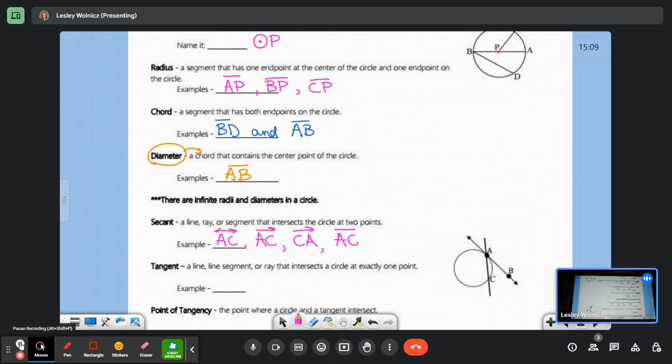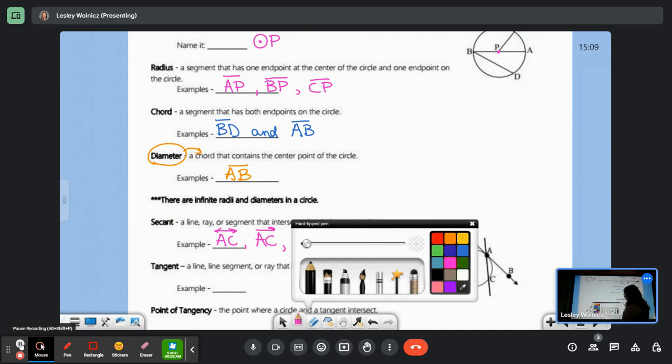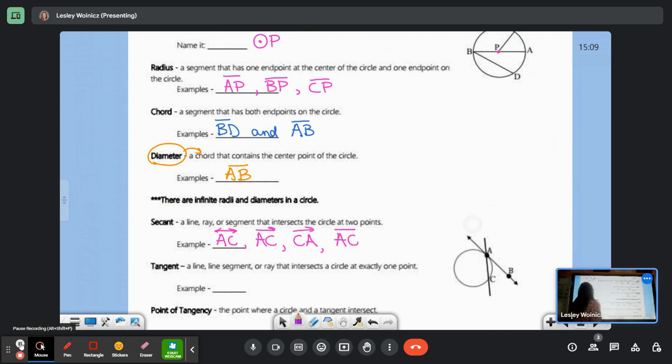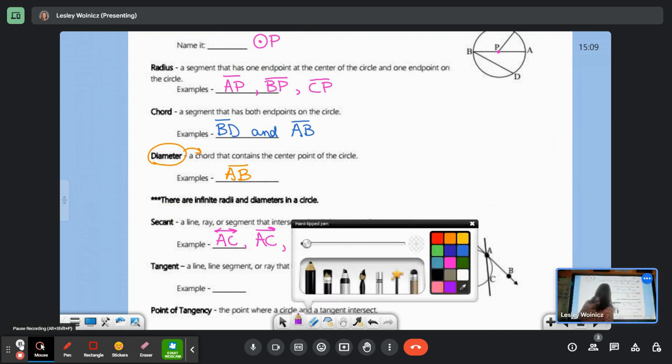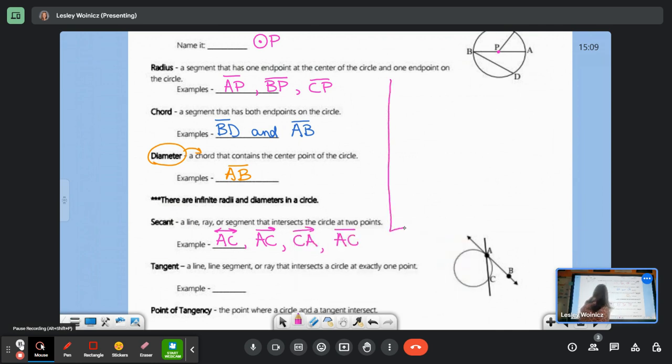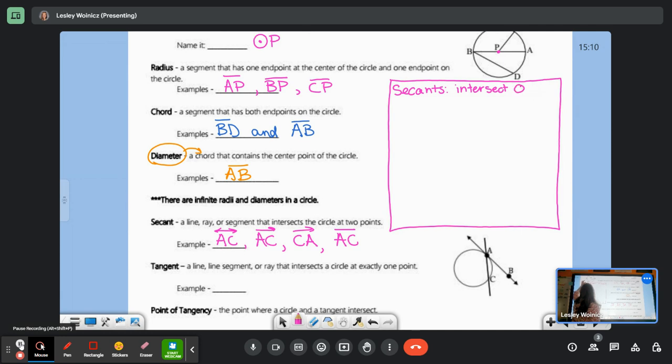All right, we're going to draw a Venn diagram. This big box is a box full of secants. Secants intersect the circle in 2 places. Write this down, it's going to help your brain.